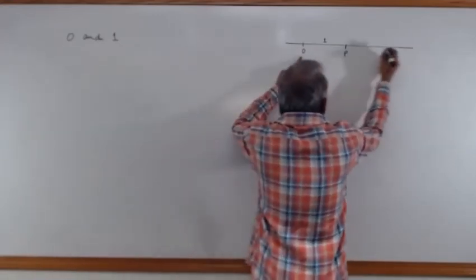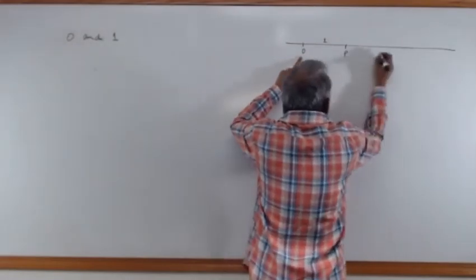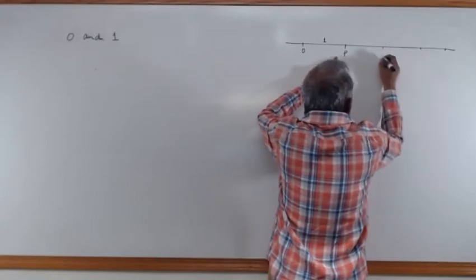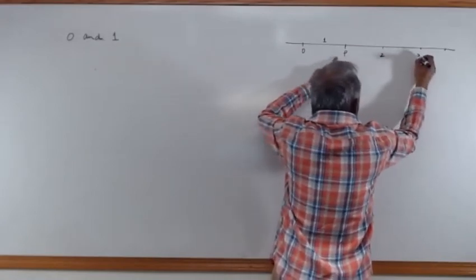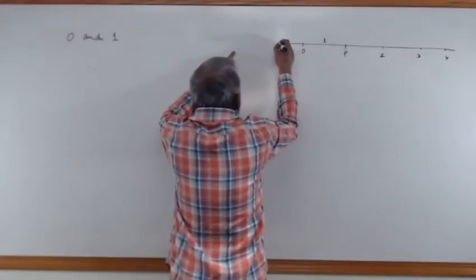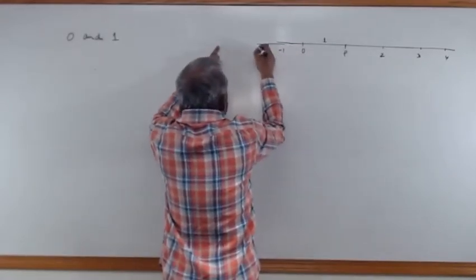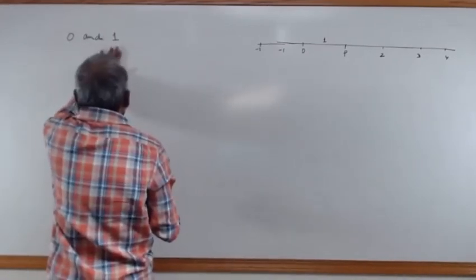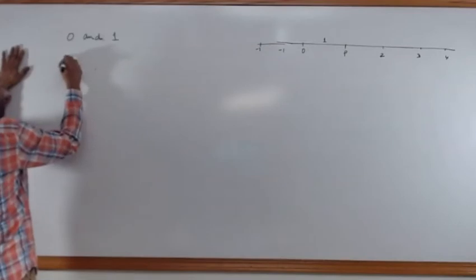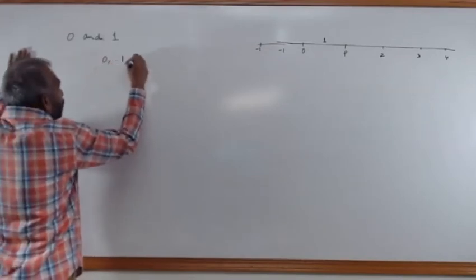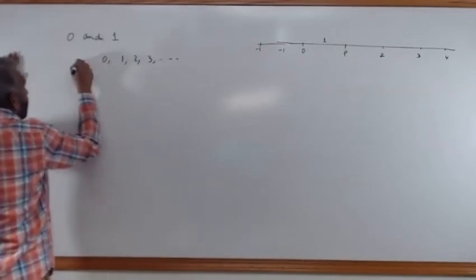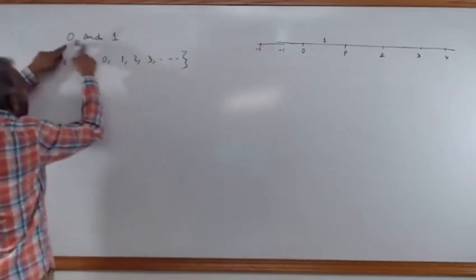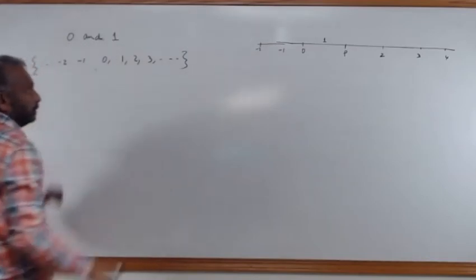Using the compass, you can construct the same distance here, here, and here. So you can construct 2, 3, 4, etc., and -1, -2, etc. So if 0 and 1 are constructible, then so are 0, 1, 2, 3, etc., and -1, -2, etc.